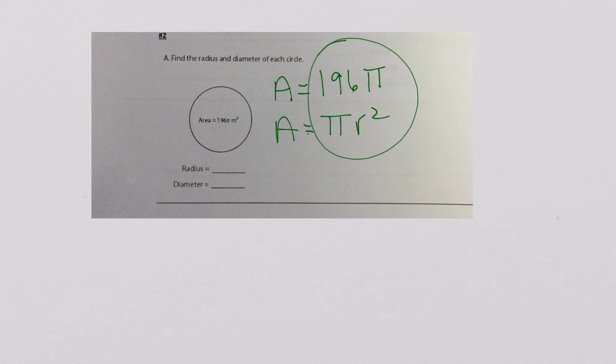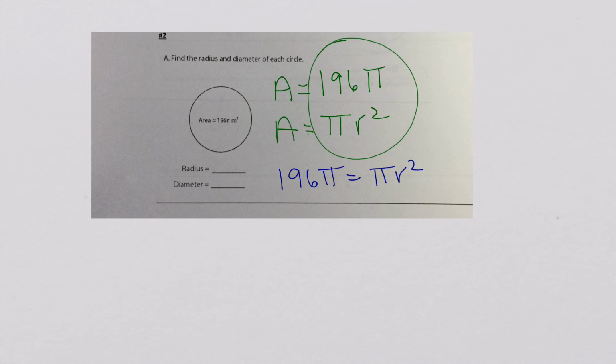I now have 196 pi equals pi r squared. Now, I'm trying to get the r alone because the r goes into most of our equations and I want to know what it is. To get rid of it, we can go farthest away first. In this case, the thing that's bothering the r the most is this pi.